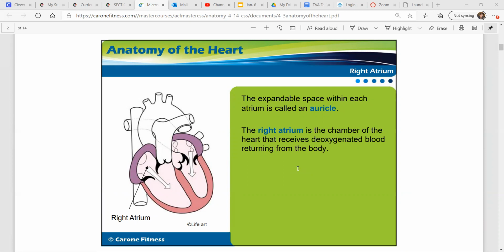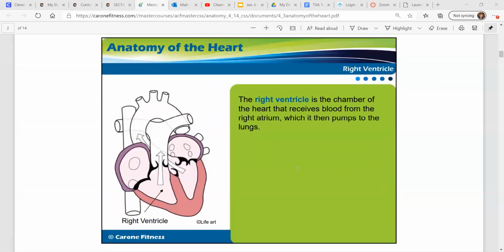The right atrium is the chamber of the heart that receives deoxygenated blood returning from the body. The right ventricle is the chamber of the heart that receives blood from the right atrium, which it then pumps to the lungs.